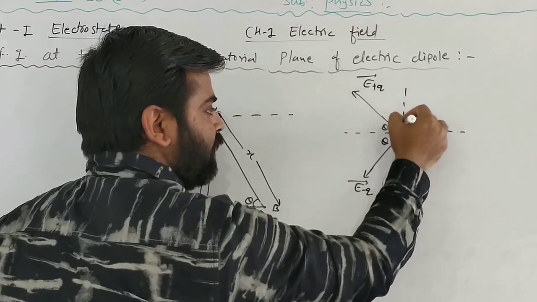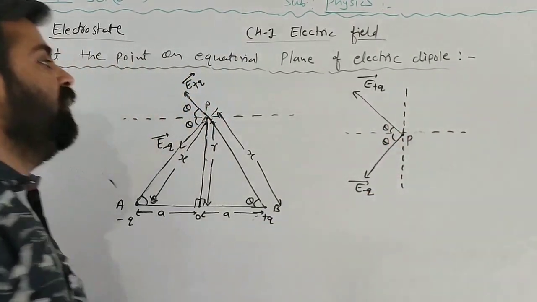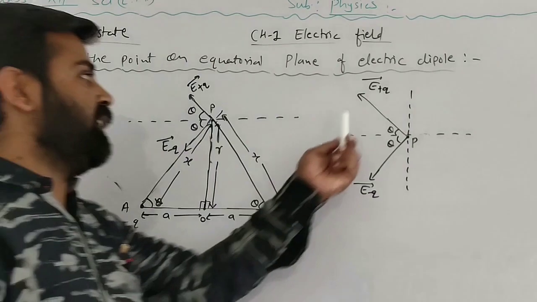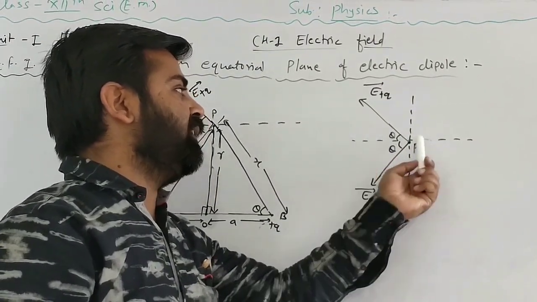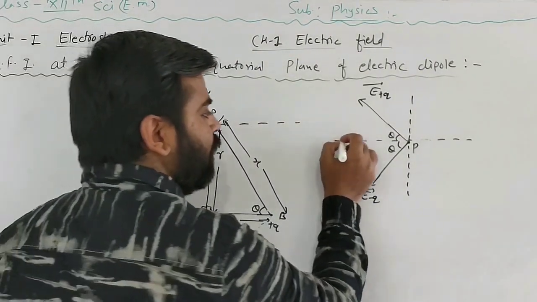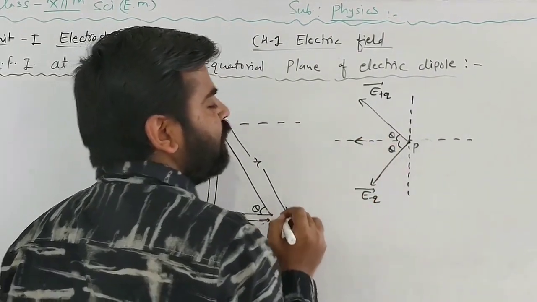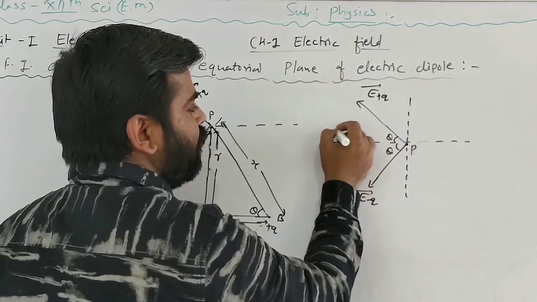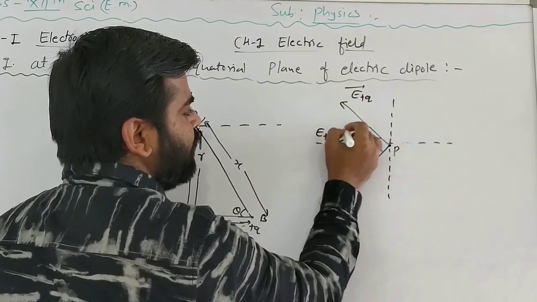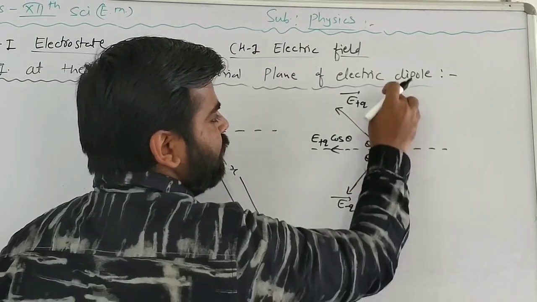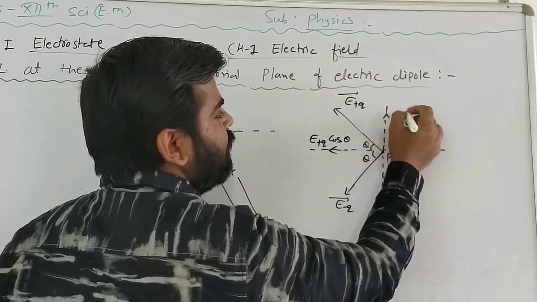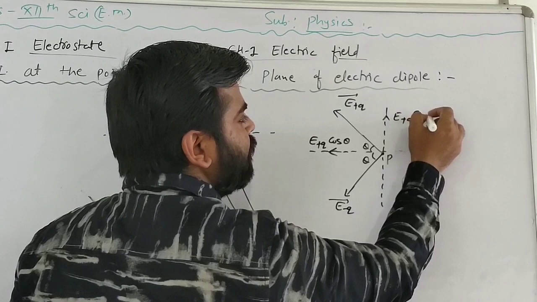In resolving, as we know, the component of a vector along the line from which it makes theta angle is called its horizontal component and is drawn by cos theta: E plus Q cos theta, and this one is E plus Q sin theta.